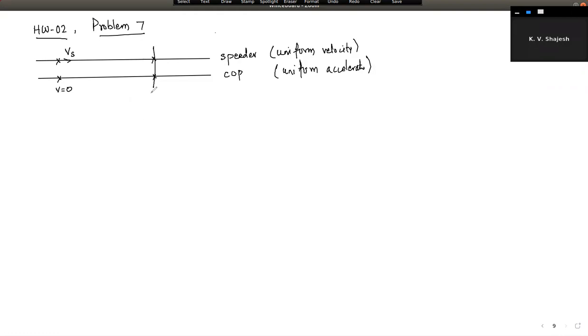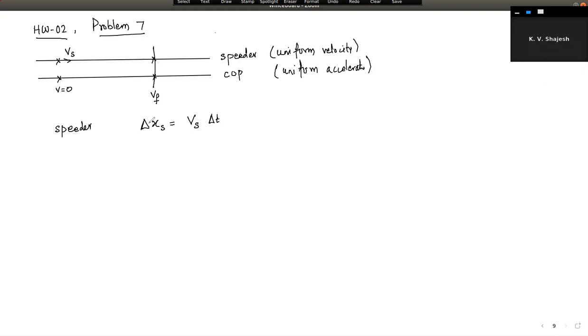At that point, we have final velocity v final, and since it starts from rest, we have it growing quadratically in time. As far as the speeder goes, it's going with uniform velocity. So delta x for the speeder is the speeder's constant velocity times time.